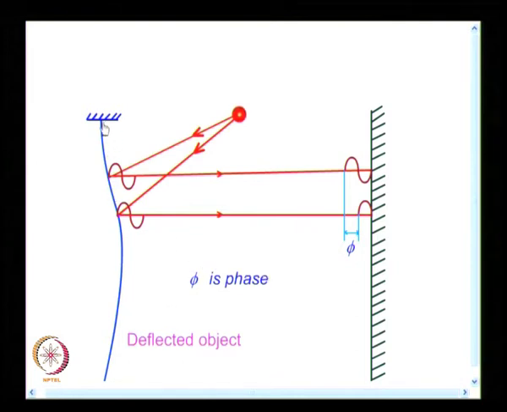I have shown a deformed object and a laser source which hits the object, and the depth is different. So when the light scattered from this reaches the screen, it reaches at different values of phase. So the phase carries the depth information.